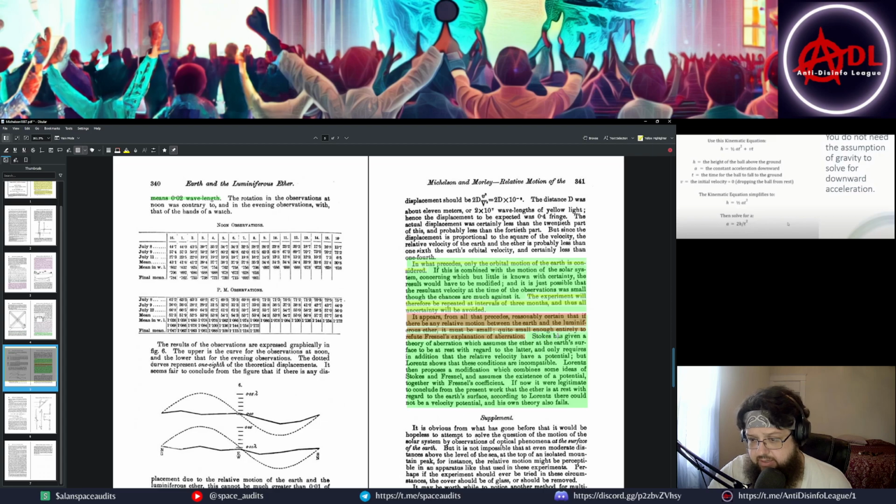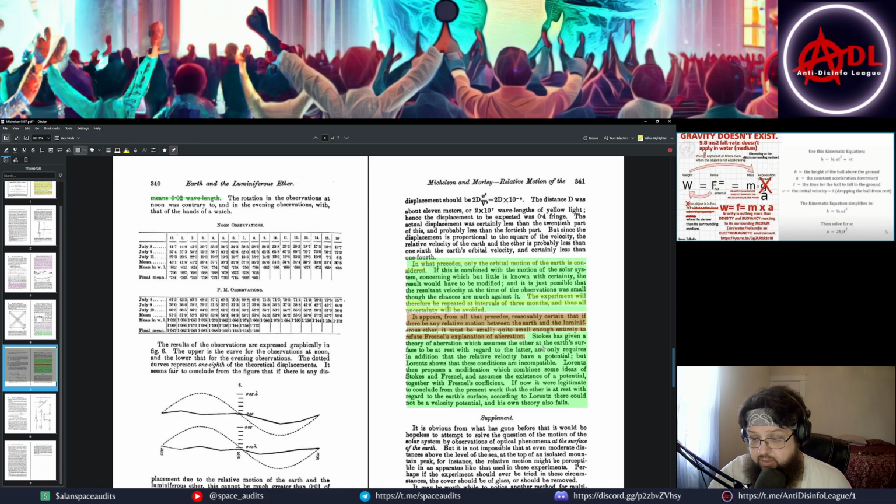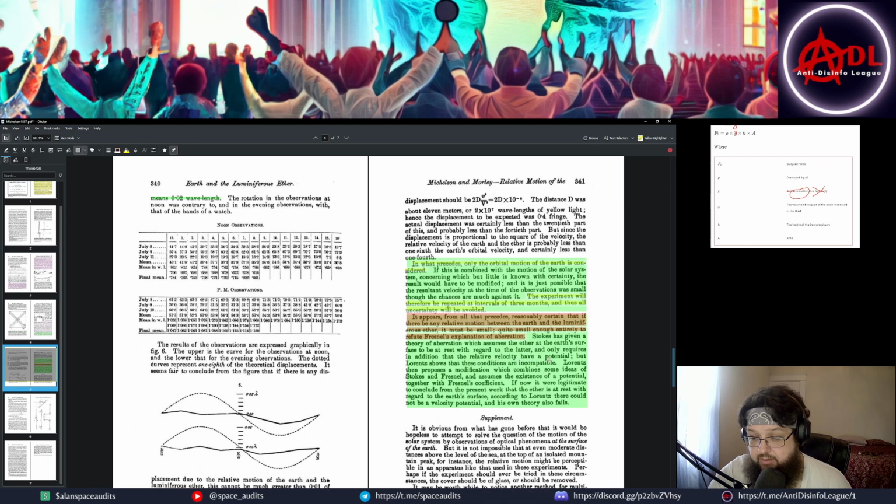So Stokes has given a theory of aberration which assumes the ether at the Earth's surface to be at rest with regard to the latter, and only requires in addition that the relative velocity have a potential, but Lorentz shows that these conditions are incompatible.